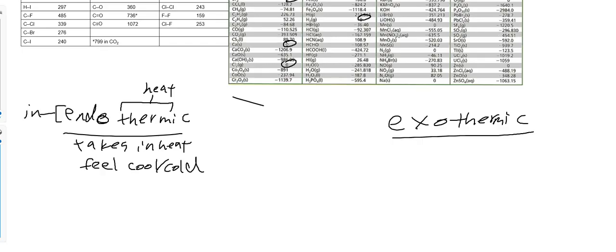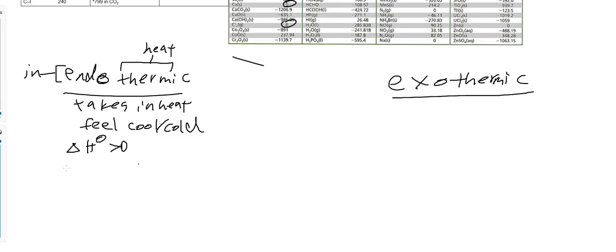And for this unit, delta H, or delta H naught often, is going to be greater than 0. Because if we draw our little energy diagram here of energy versus reaction coordinate, we can see that endothermic starts low, goes high for its activation energy, and ends off high.